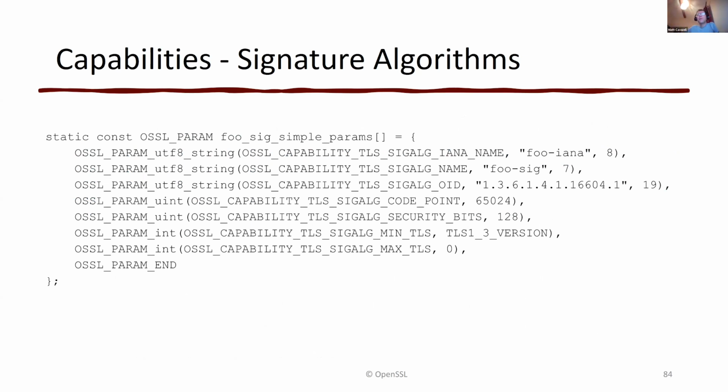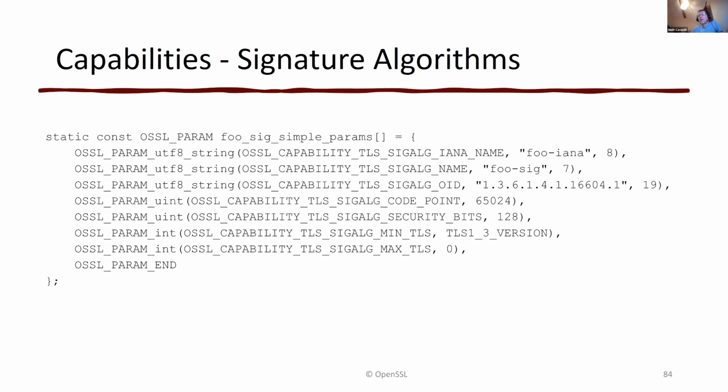Here's the foo signature algorithm. So we are assuming that in the registry there is something called foo-IANA, and underneath it, this is a simple signature we're doing here. So there's an underlying signature algorithm called foo-sig, and it's associated with that OID, and it's got a code point which is 65024.